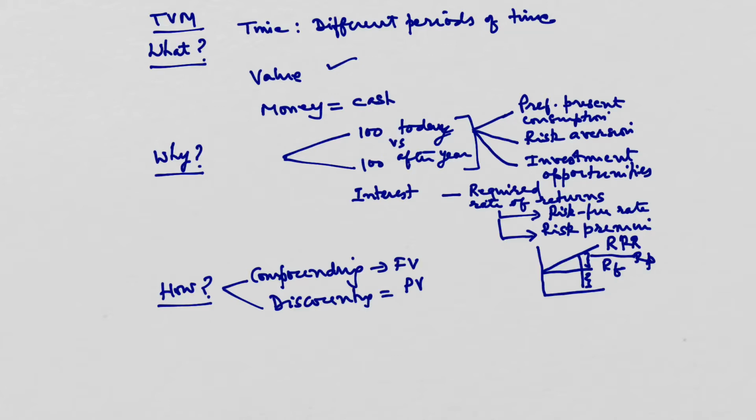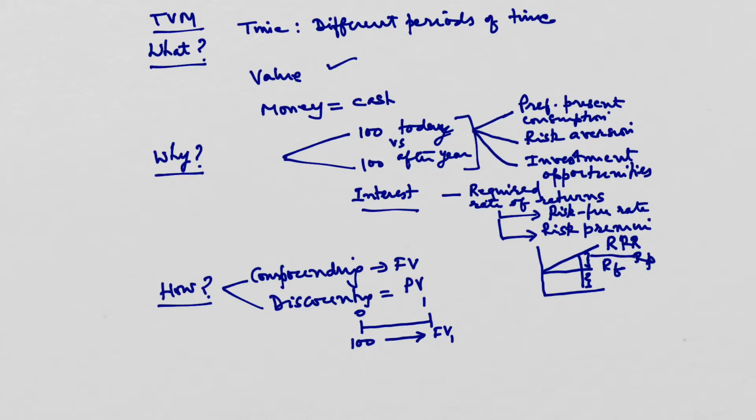So for example, if you have invested 100 rupees in a share, or let's say a simpler example, that you put this money in a bank in a fixed deposit. Now the question is, what is its equivalent value after 1 year? As we said, this adjustment is done through the interest rate.